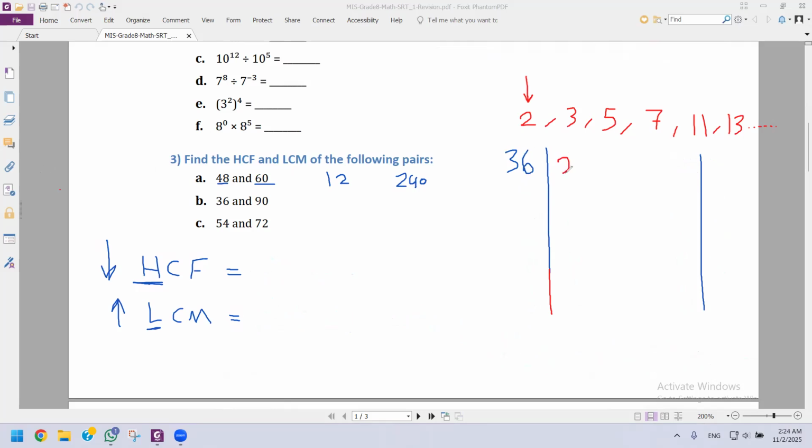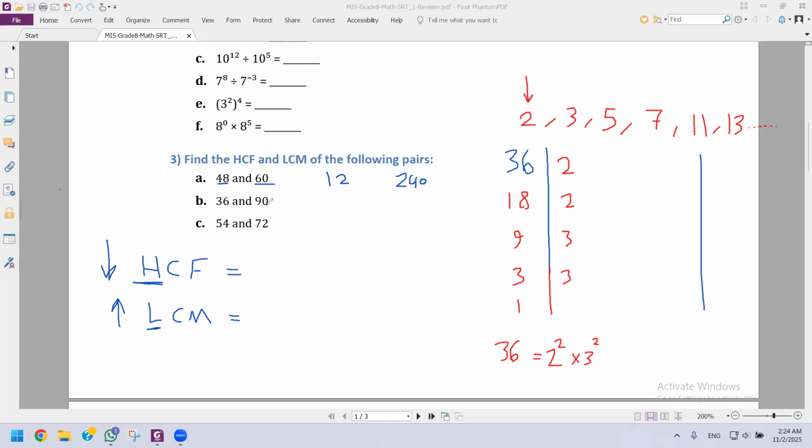Can I divide by 2? Yes, which is 18. Divide by 2, 9. Divide by 3, 3. Divide by 3, 1. So 36 is equal to 2 power 2 times 3 power 2.